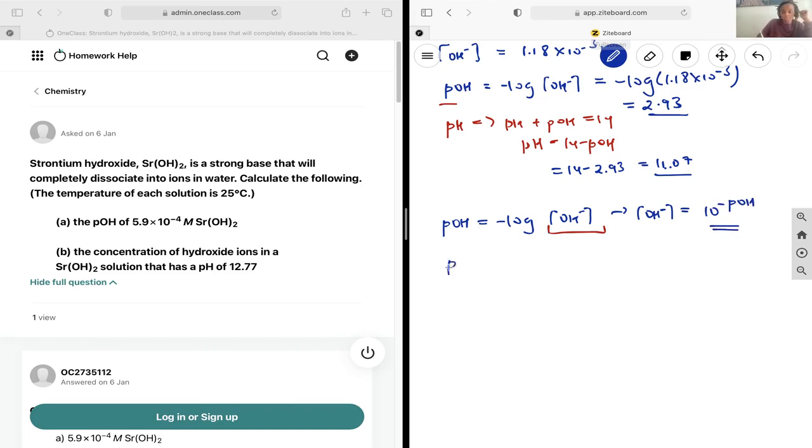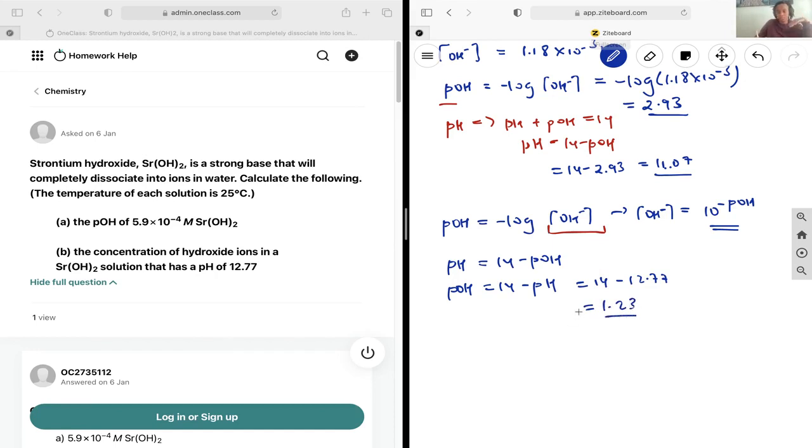And so we're given the pH, which is equal to 14 minus the pOH. So in order to get the pOH, we are going to do 14 minus the pH. So let's go about that. 14 minus 12.77 would give you a pOH of 1.23.